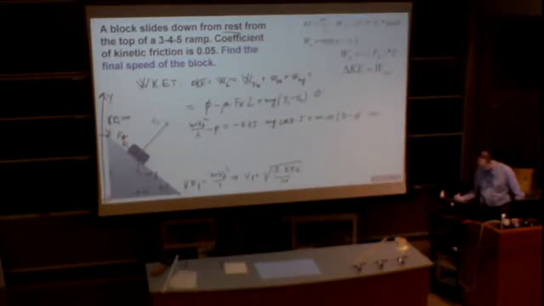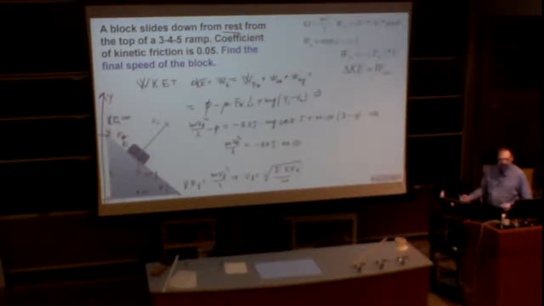Hence, mv final squared over 2 should be equal to negative 0.05. Well, I don't have to be so hard on myself. Some people write even worse than I am. So. Mass times 10 times cosine. I don't want to write cosine as a cosine. I want to write a number which represents cosine. This is a 3, 4, 5 triangle.